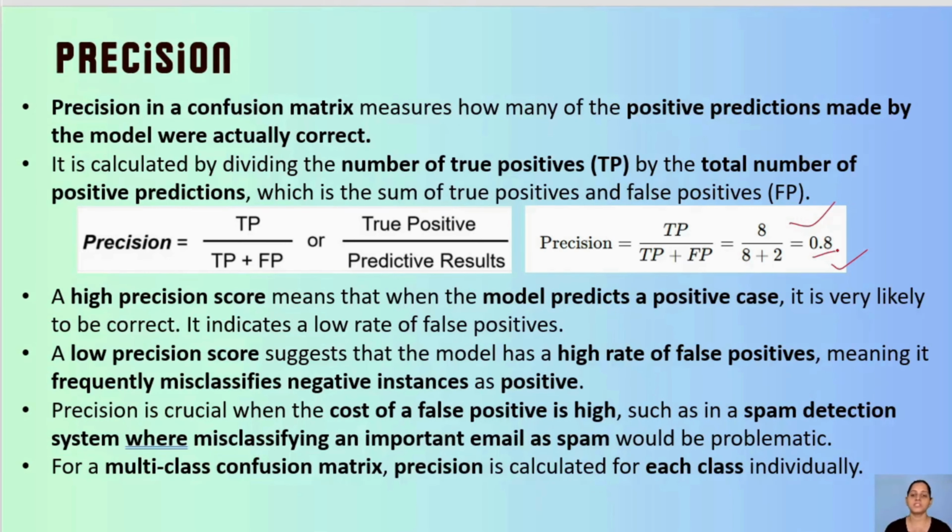Then in case of a low precision score, it is telling that a high number of false positives are present in the model. That means of the predictions it has made, most of them are not correct. This precision is very crucial when the cost of false positives is very high.